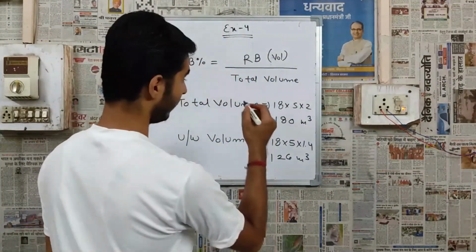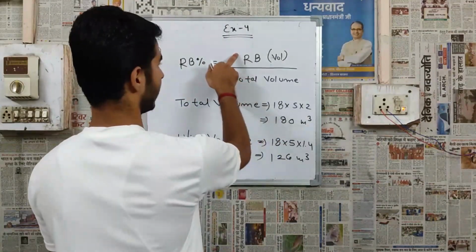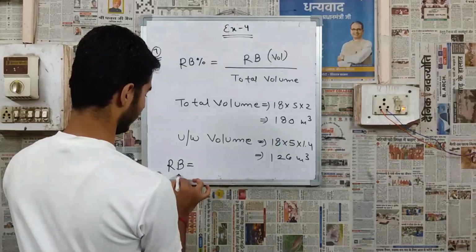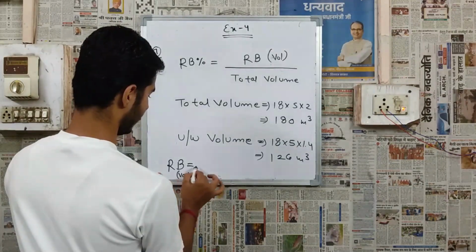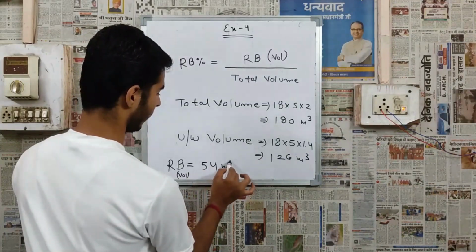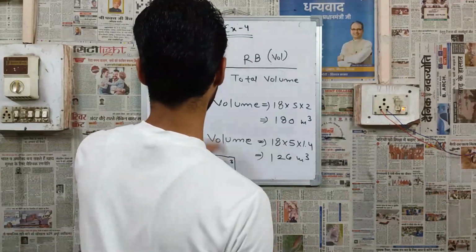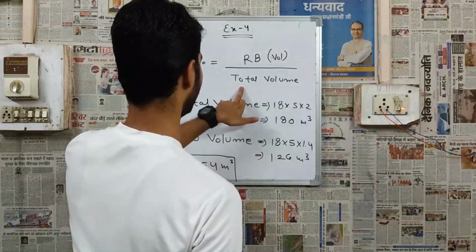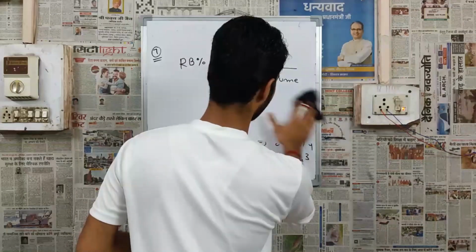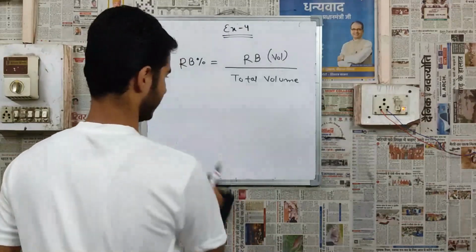When we minus the underwater volume from the total volume, we get our reserve buoyancy volume, which is 180 minus 126, that is 54 meter cube. Now we have our reserve buoyancy volume and total volume. Just divide it and you will get your reserve buoyancy percentage.